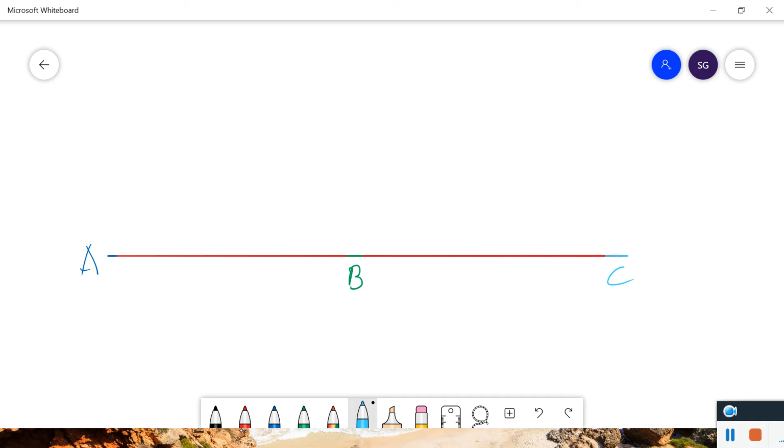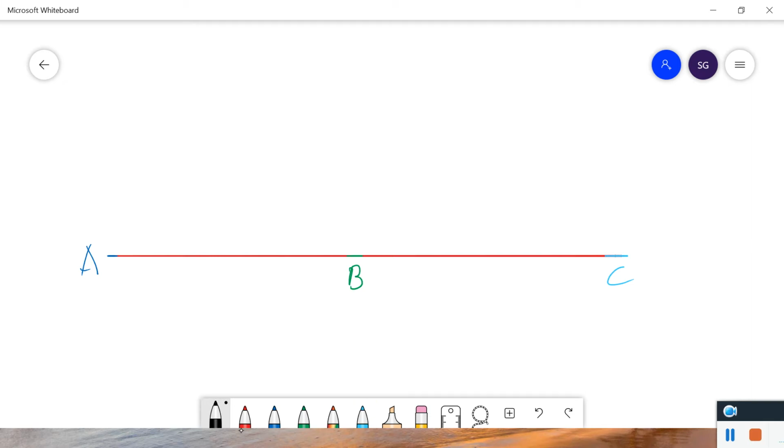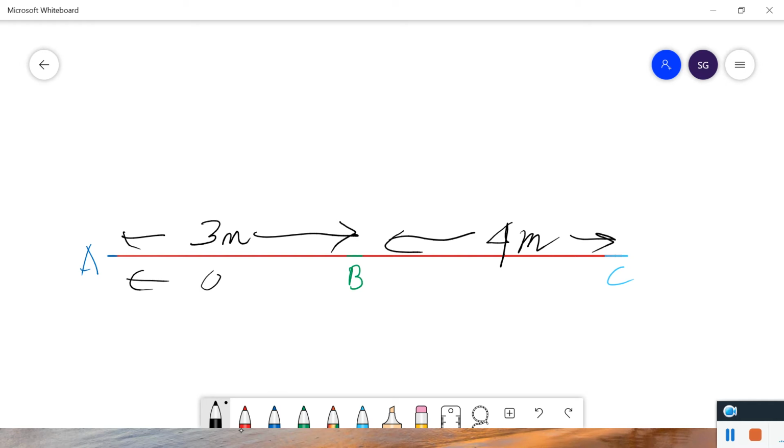Now what we have to do is assume some quantities. This is 3 meter, this is 4 meter. Here it has taken 0.7 seconds.